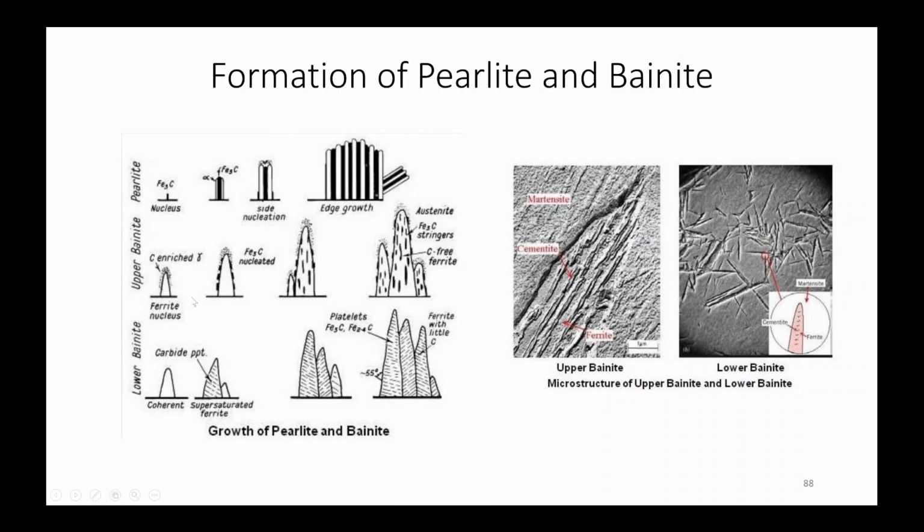In both cases, a ferrite nucleus will form first. Then in upper bainite there will be formation of Fe3C, and in lower bainite there will be epsilon carbide forming inside this ferrite nucleus. And these are the micrographs of upper bainite and lower bainite.